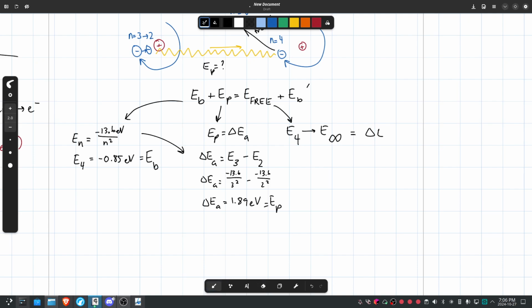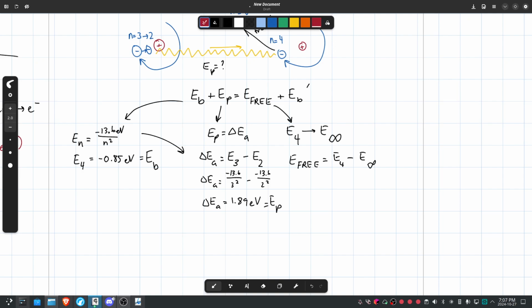This is also the change in B. Actually, no, it's not the change in B. But what is this amount? Well, we can calculate it. So E free is going to be E of 4 minus E of infinity.